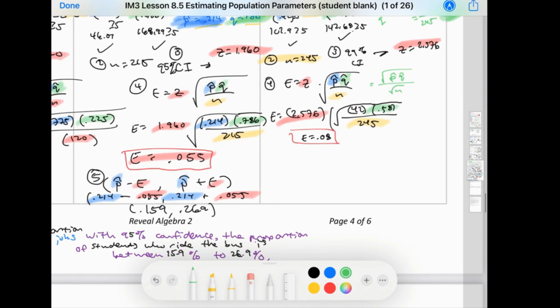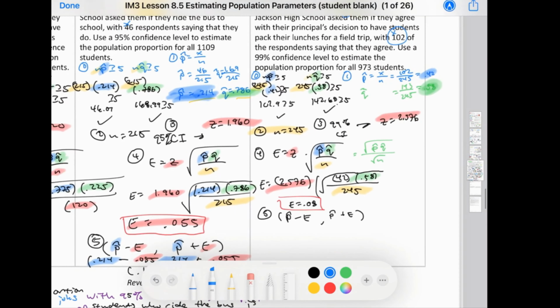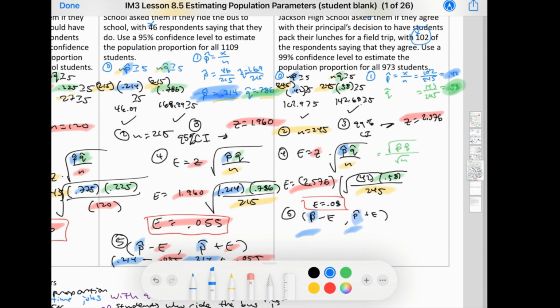All right, let's just finish this up. Let's do step 5: p hat minus E, p hat plus E. So p hat is blue, 0.42, and then minus and plus E, which was 0.08.